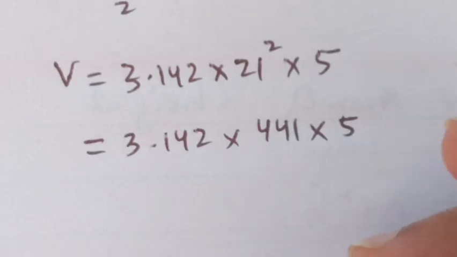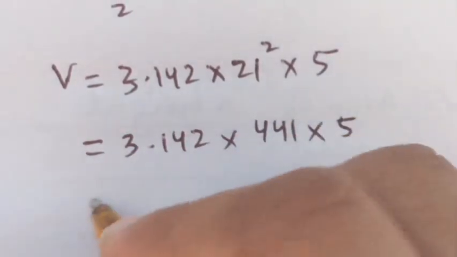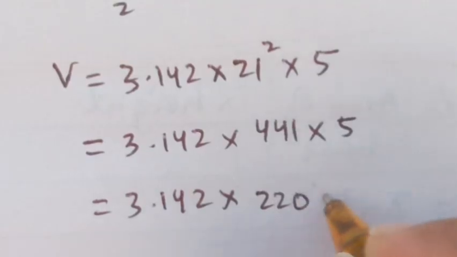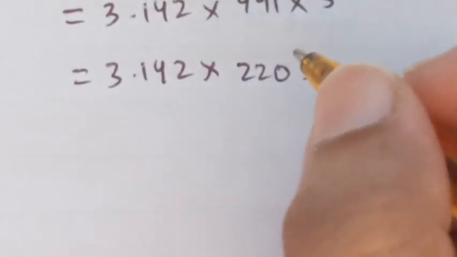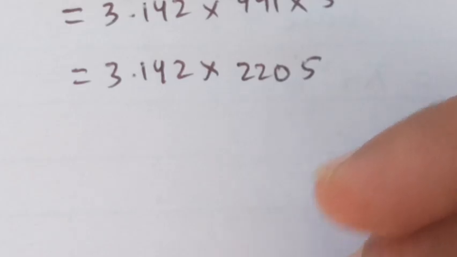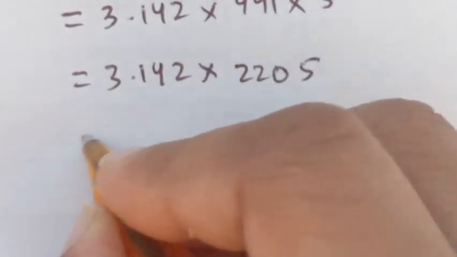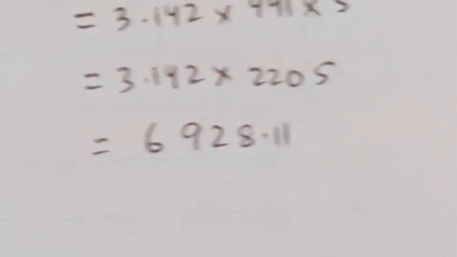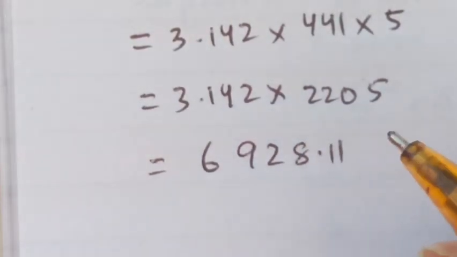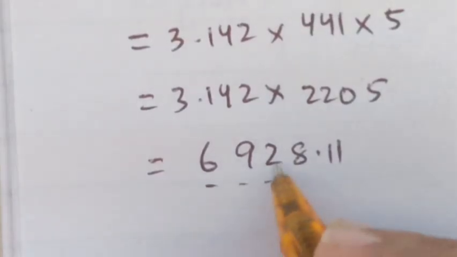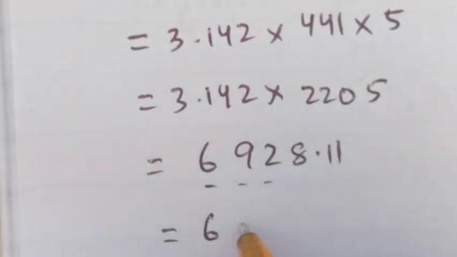Then we will multiply it by 5, that's 2205, and then we will multiply it by 3.142, which is around 6928.11. Since we have to write the answer correct to three significant figures, this is 1, 2, 3, we will round it.